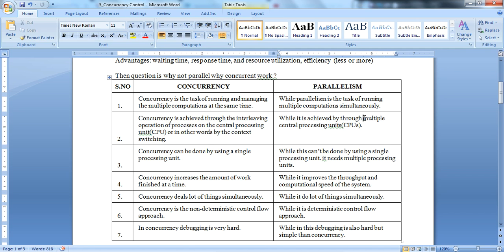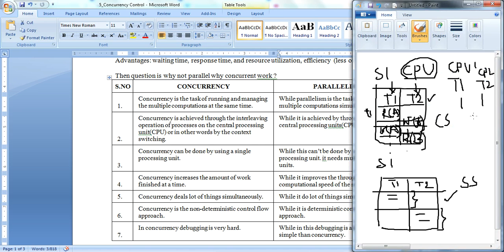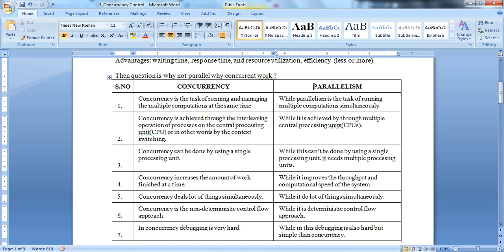While parallelism is achieved through multiple central processing units. For example, it runs with 2 processors, versus a single processor. That is simply the difference between concurrency and parallelism. Parallelism needs more resources and the concurrency process needs fewer resources, meaning with fewer resources we execute the process.